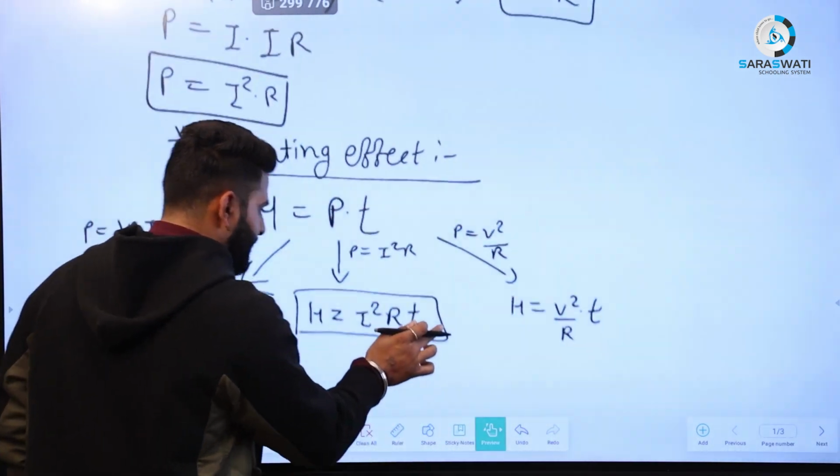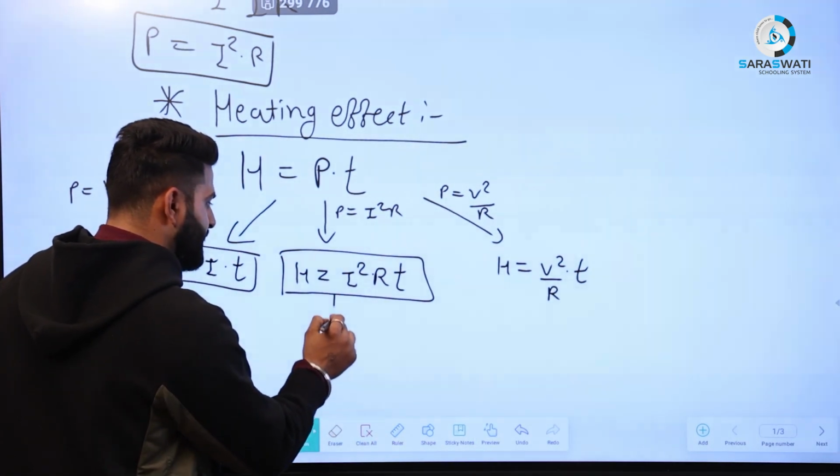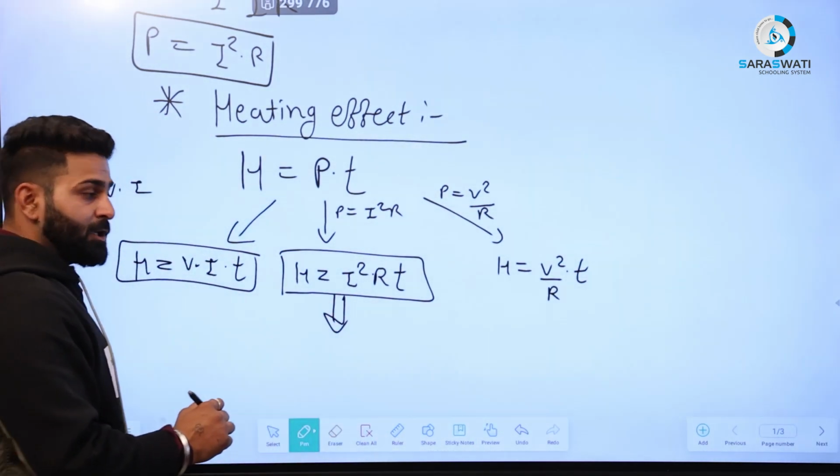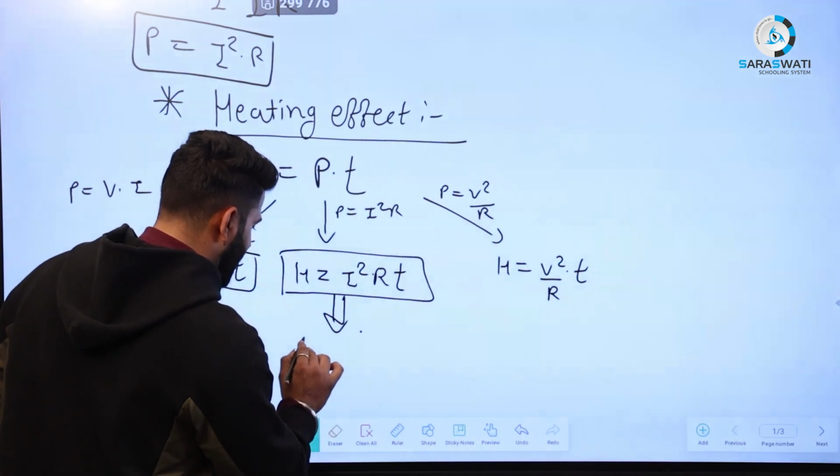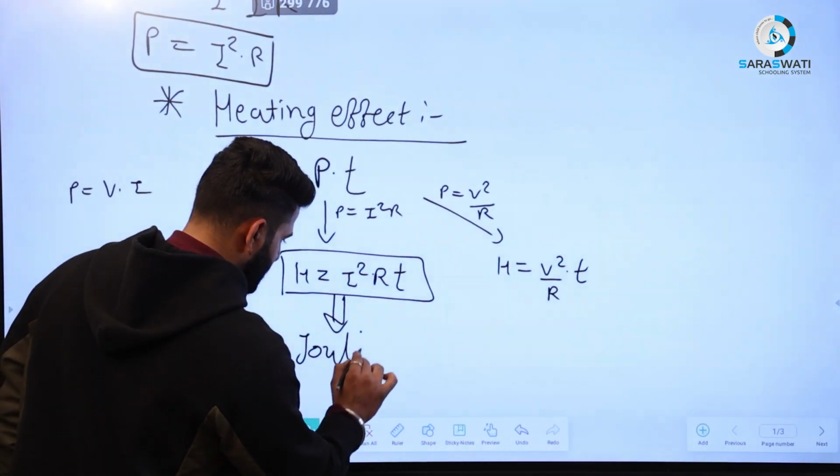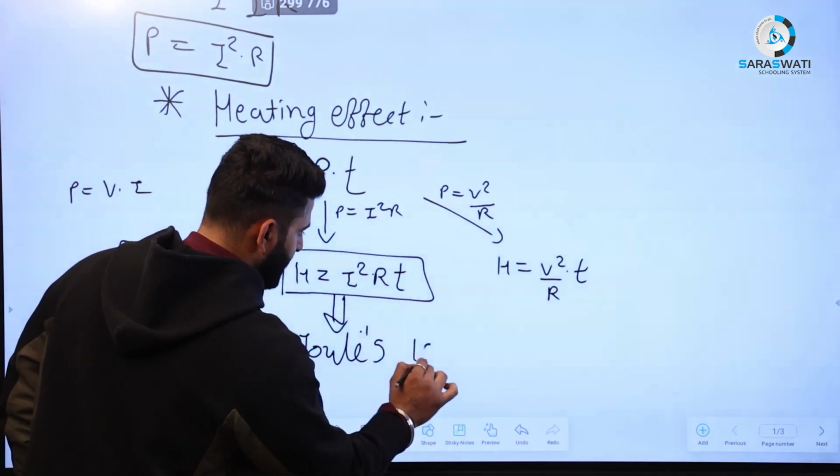But this formula was given by Joule. Hence, this is known as Joule's law.